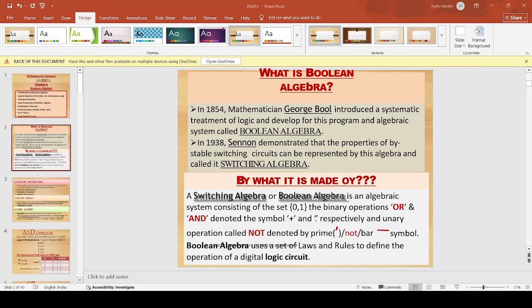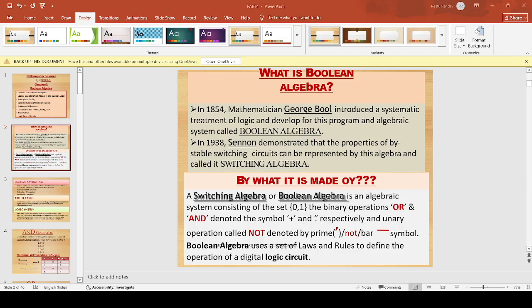The OR operator, which is denoted by the plus symbol, is also called logical addition. The gate of the OR operator is in the form of a slight curve, and 0 plus 0 is 0, 0 plus 1 is 1, 1 plus 0 is 1 and 1 plus 1 is 1.